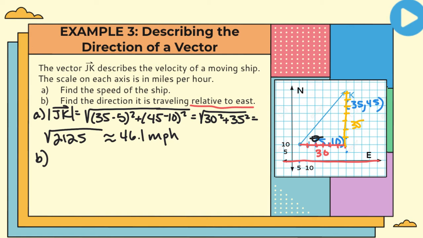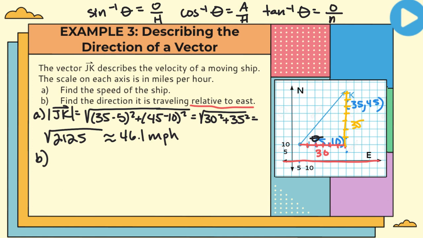Now, 46.1, I don't necessarily want to use because that's not exact. That is a decimal approximation. So I'm going to depend upon these exact side lengths. Now, we have to figure out which trig value we want to use. We know that sine of theta is opposite over hypotenuse, cosine of theta is adjacent over hypotenuse, and tangent of theta is opposite over adjacent.